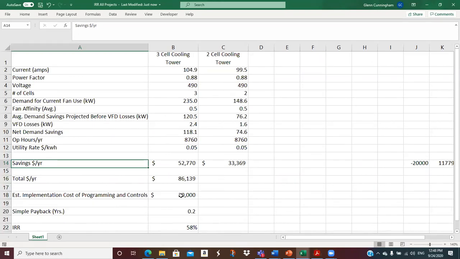Yeah, because here's 20,000, and here's IRR. I'm not sure where I came up with these numbers, but I'm pretty sure that's how that works. But you can go on YouTube and Google Excel IRR function, and they will explain it to you better than I can.